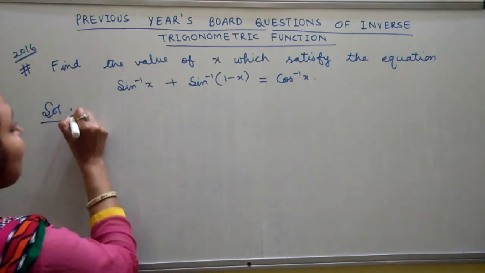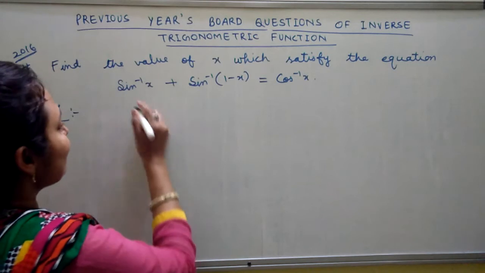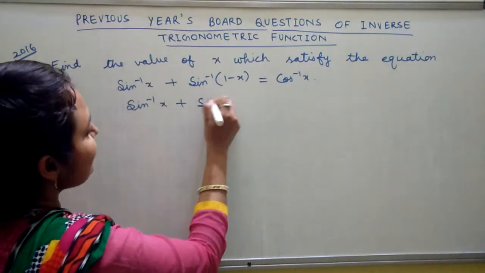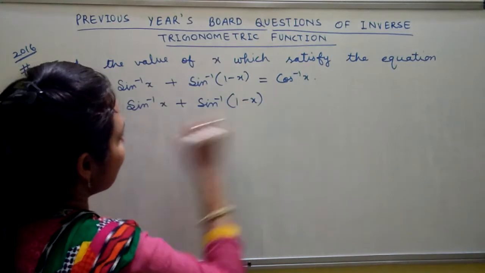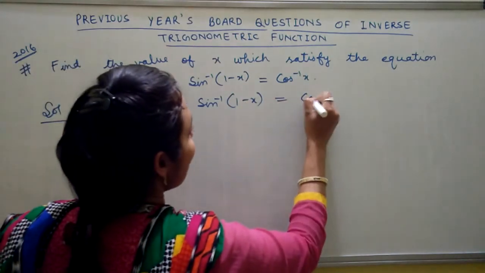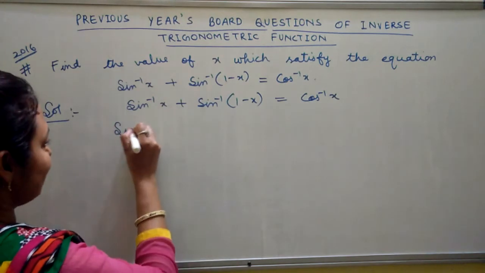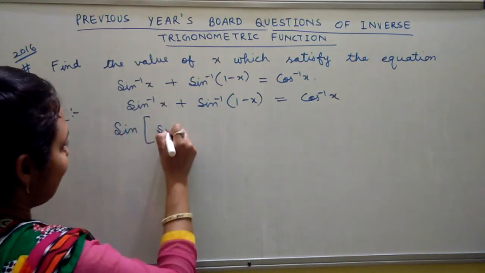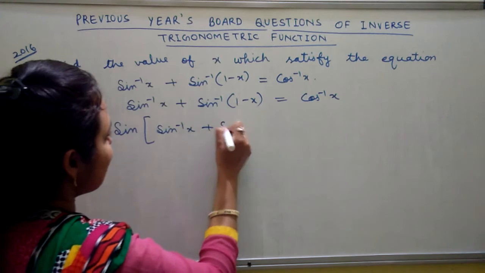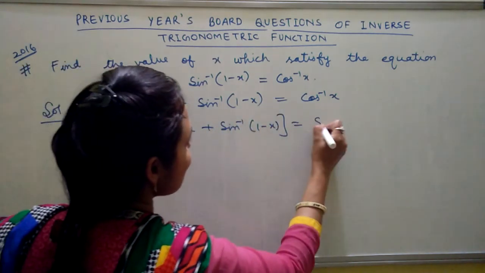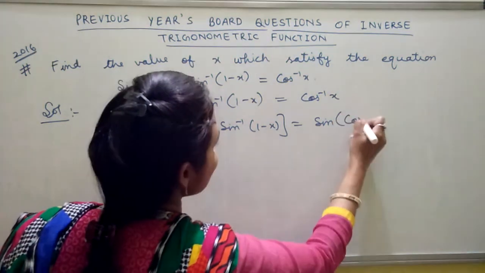Taking the solution: sine inverse x plus sine inverse (1 minus x) is equal to cos inverse x. I apply sine on both sides. Sine of (sine inverse x plus sine inverse (1 minus x)) is equal to sine of cos inverse x.